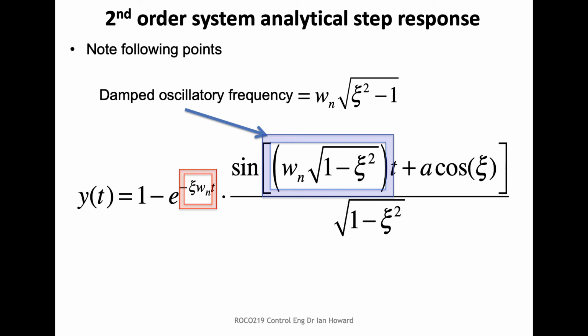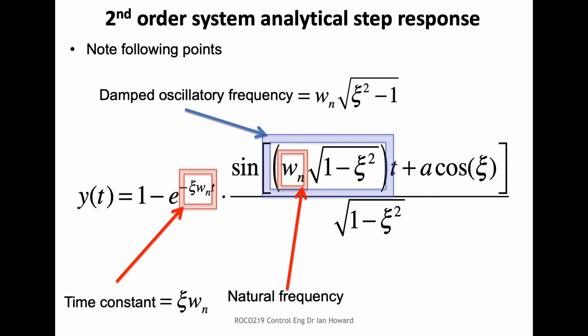We see that we've got a decaying term in front of the sine wave, or it could also be an increasing term if we had a negative zeta. Relating to, in this case, there's a time constant on that given by zeta omega n. Within the damped oscillatory frequency part, we see that there is a natural frequency component, but this is effectively scaled by this 1 minus zeta squared, which is then square rooted.